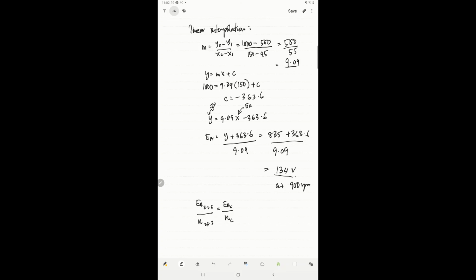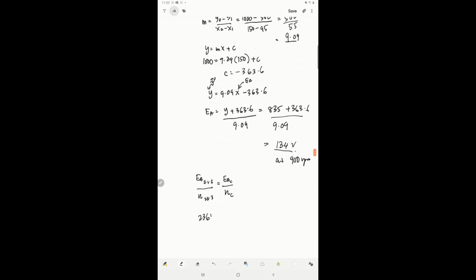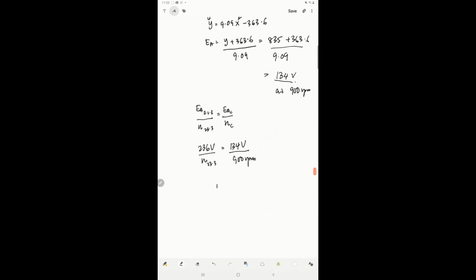So 236 volts divided by the speed we want to know, equals 134 volts divided by the speed of 900 RPM. This gives you 1586 RPM, which concludes the speed.